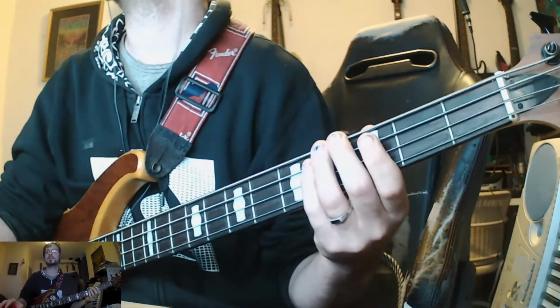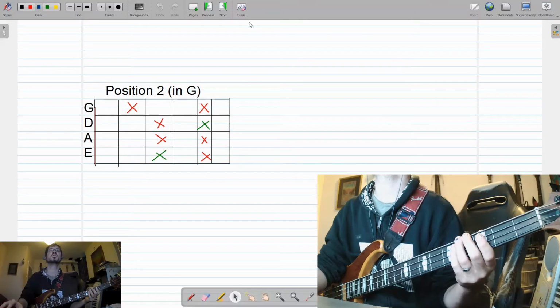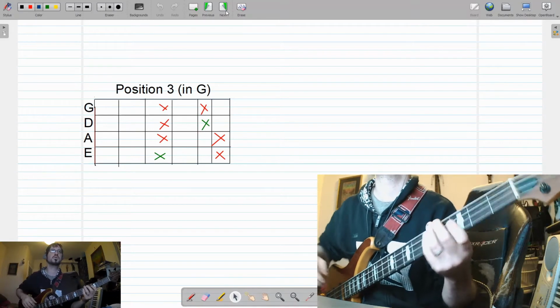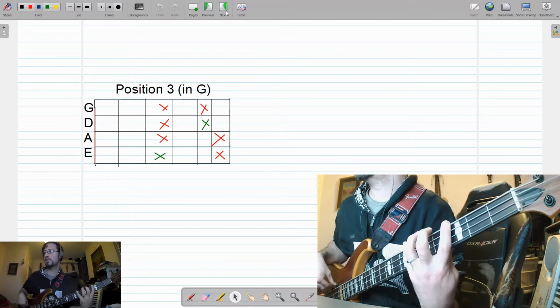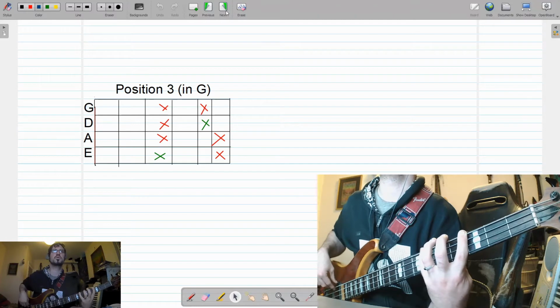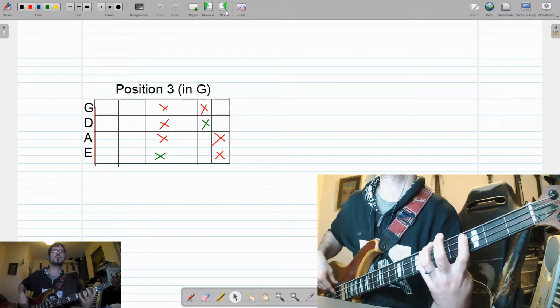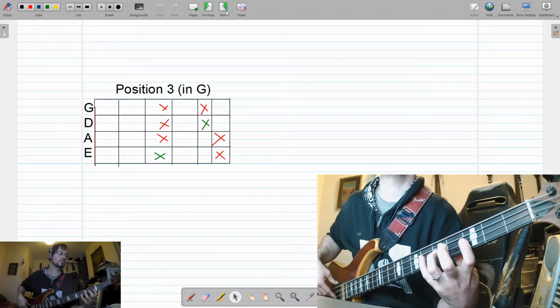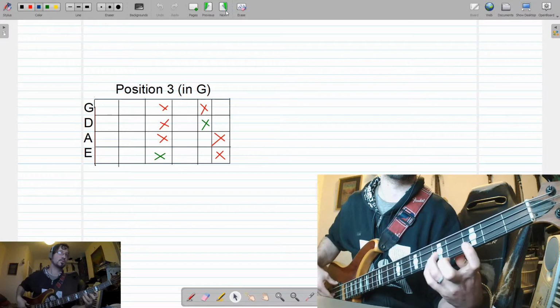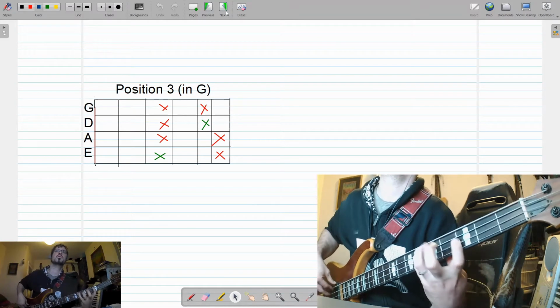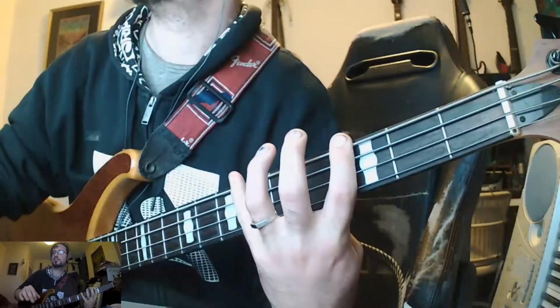And then the next scale we're looking at, the third position, so we're going to do it in G, is root, minor 3rd, 4th, minor 6th, flat 7th, octave.